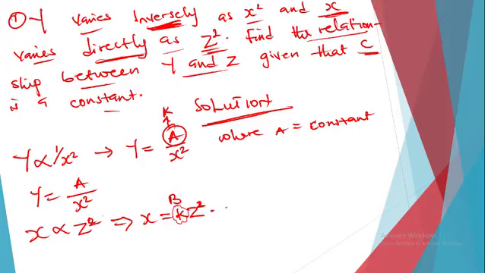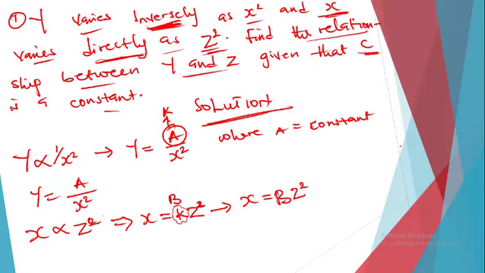So therefore x is equal to bz squared. So we've gotten our y is equal to a over x squared, and our x is equal to bz squared. We just took them from here.